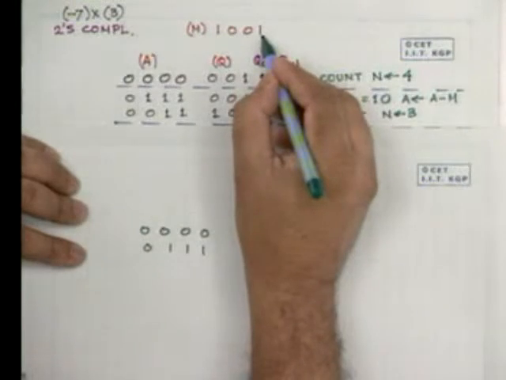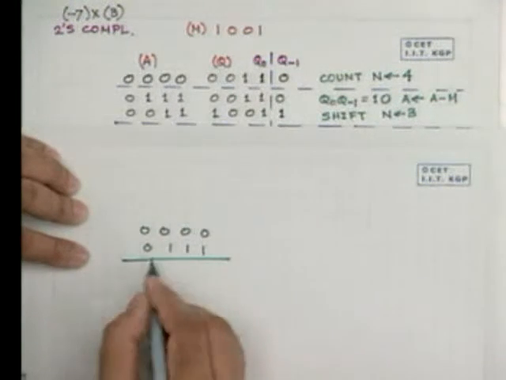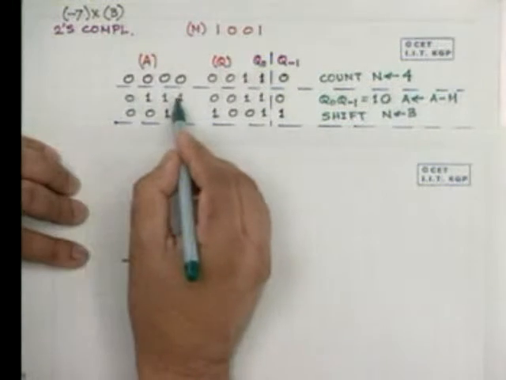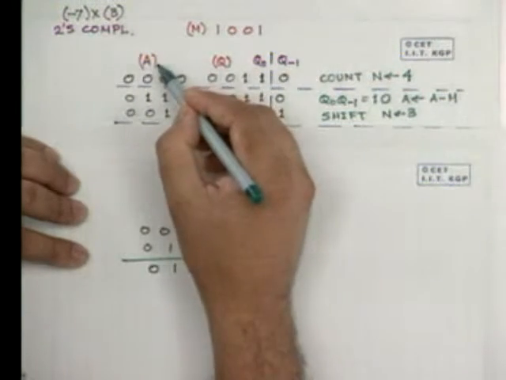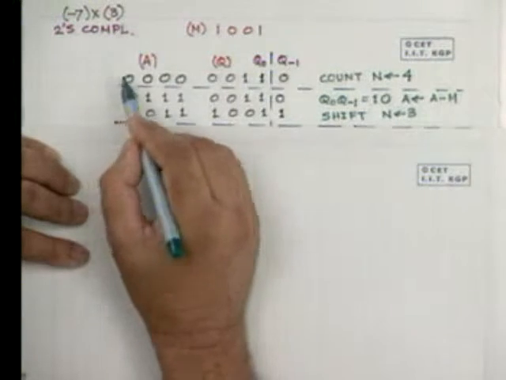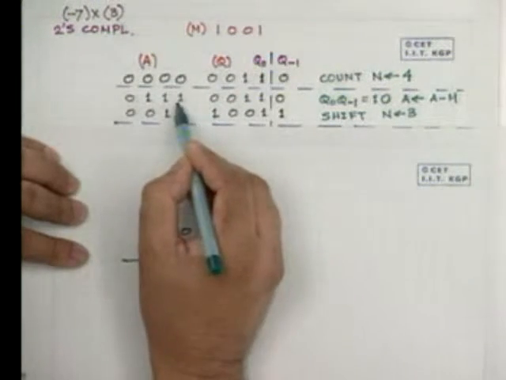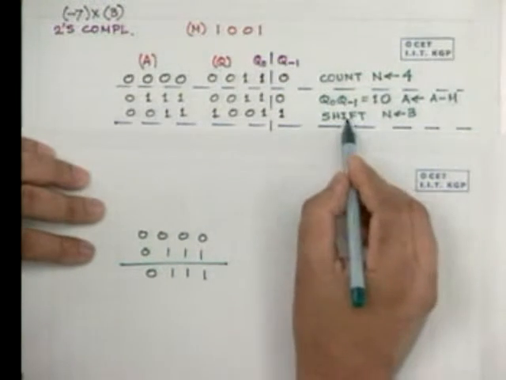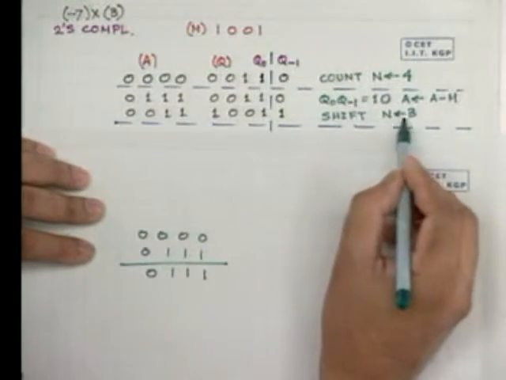We add, and we get 0 1 1 1, which we get over here. Therefore A minus M is put into A here.